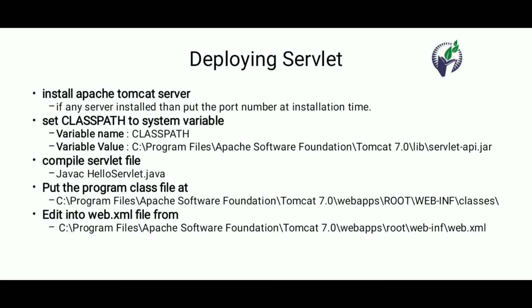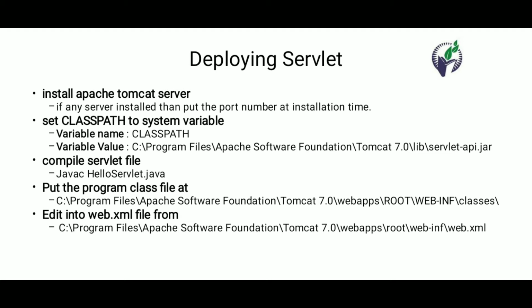You have to follow the same procedure as when you generate any system variable. In the system variable you create one variable whose name is classpath, and the value is C:\Program Files\Apache Software Foundation\Tomcat\lib\servlet-api.jar.